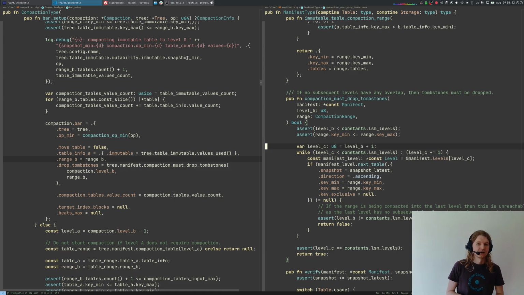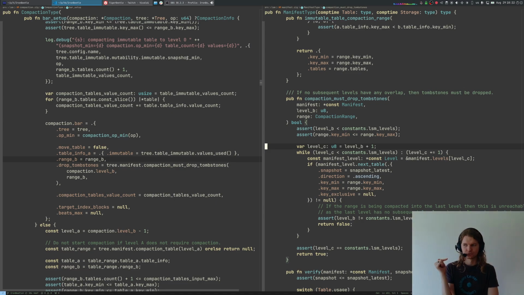Okay, yeah. As a reminder, what are tombstones? In an LSM tree, you can only append new data. So when you want to remove something from an LSM tree, you actually insert a tombstone.